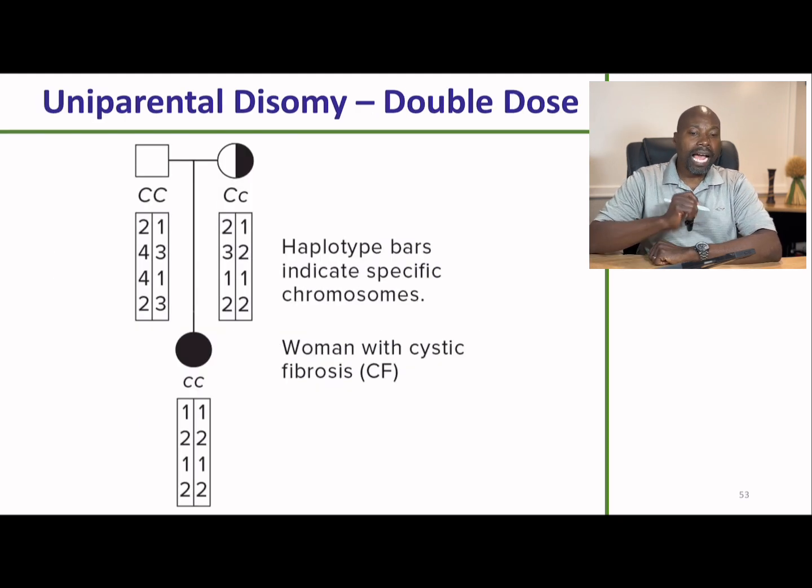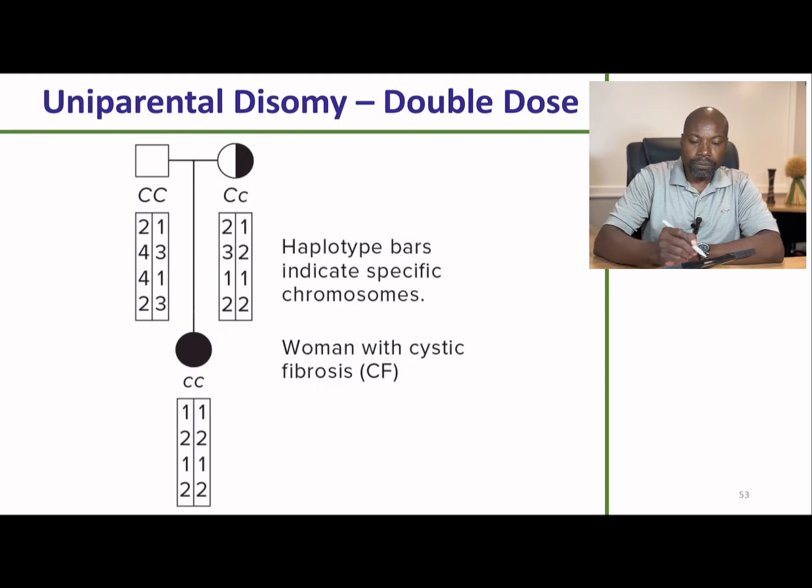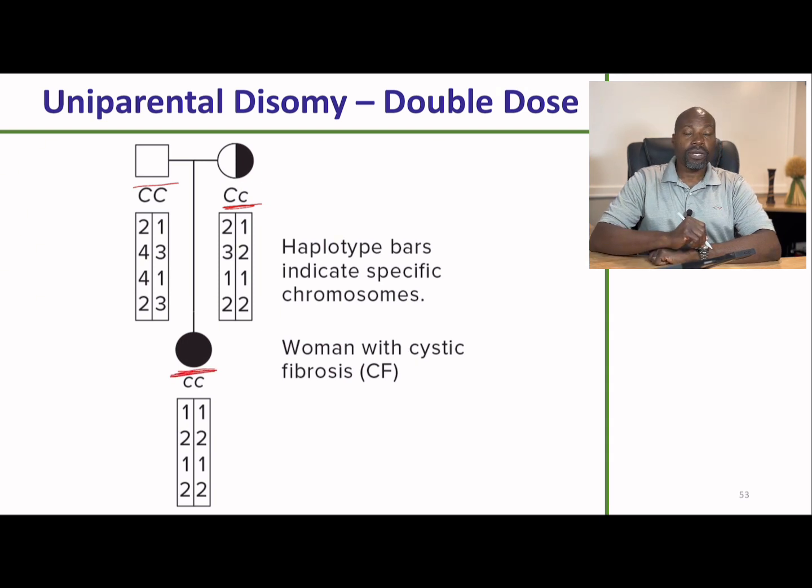So here we have the case of an individual in this pedigree. Mom here is a carrier for cystic fibrosis, so she's not sick, she doesn't have any problem. Dad is completely normal, right? But they have a daughter with cystic fibrosis. How did this happen?